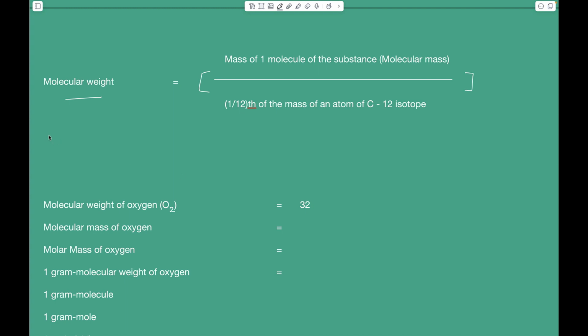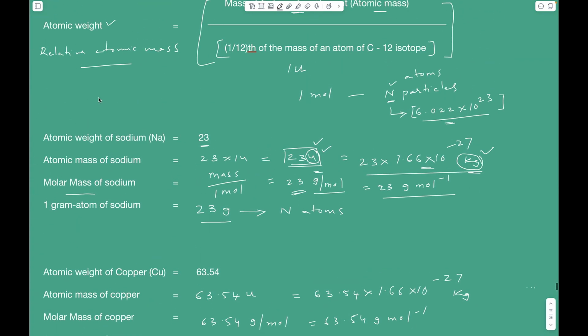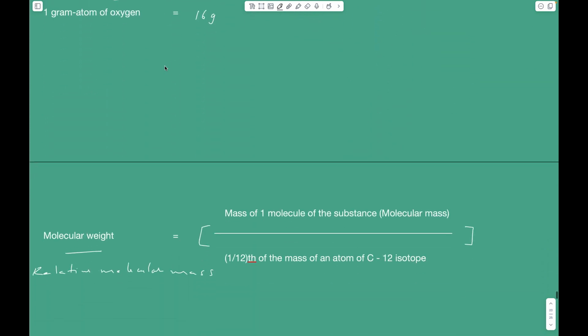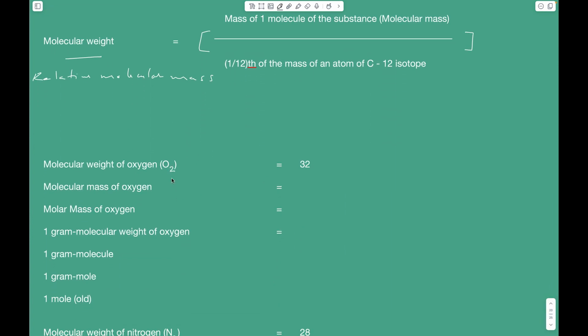And also we have a modern name for molecular weight that is known as relative molecular mass. Just the way atomic weight has the modern name relative atomic mass, molecular weight also has a new name called relative molecular mass.